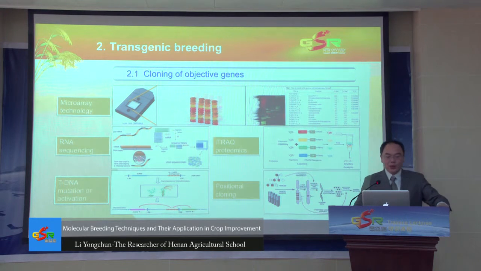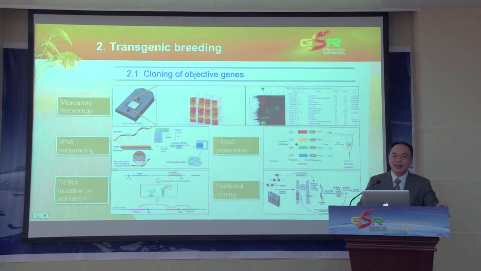Actually, we have a lot of alternative ways to clone a target gene or objective genes, such as omics comparing: transcriptome, genome, and proteome. Omics comparing can help us to identify genes of interest.